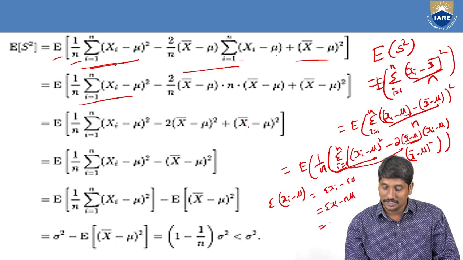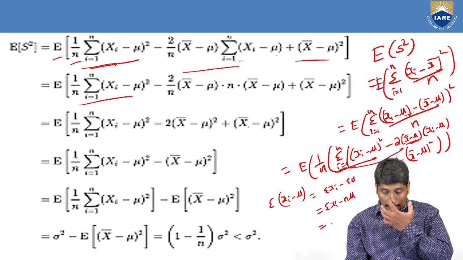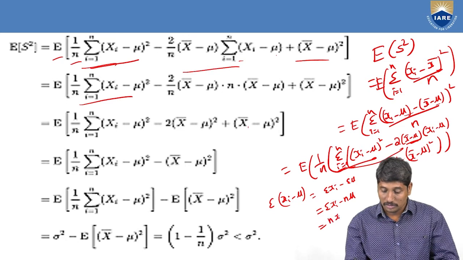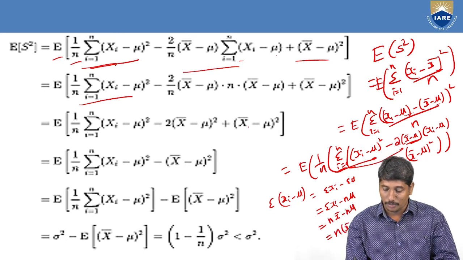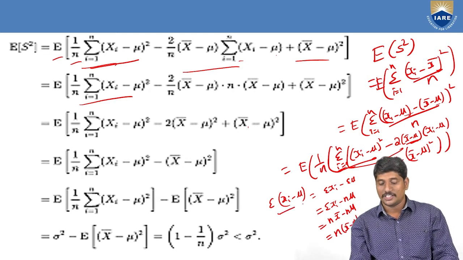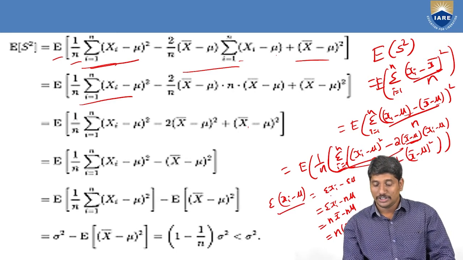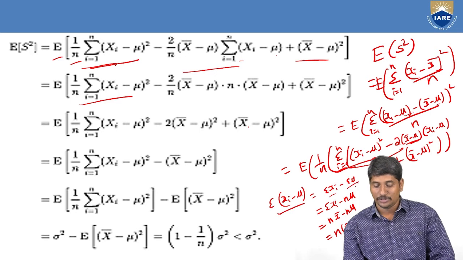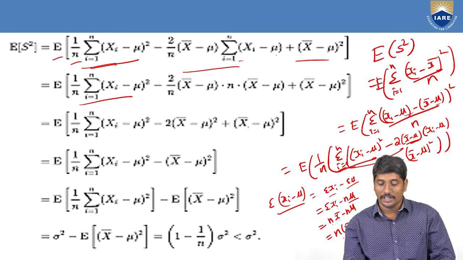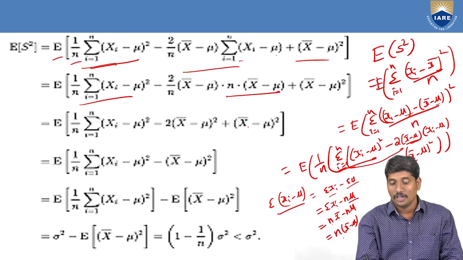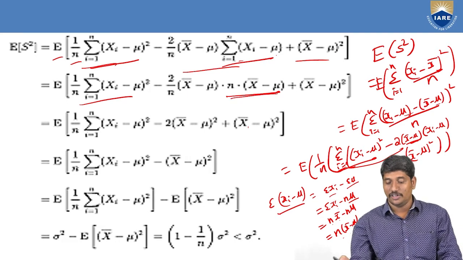And summation xi is nothing but n x bar, so n x bar minus n mu, that is n into (x bar minus mu). Summation xi minus mu means summation xi minus summation mu for n times, that is n mu, and summation xi means n into x bar, so taking n common, we get n into (x bar minus mu). That is why from this step we obtained this value.